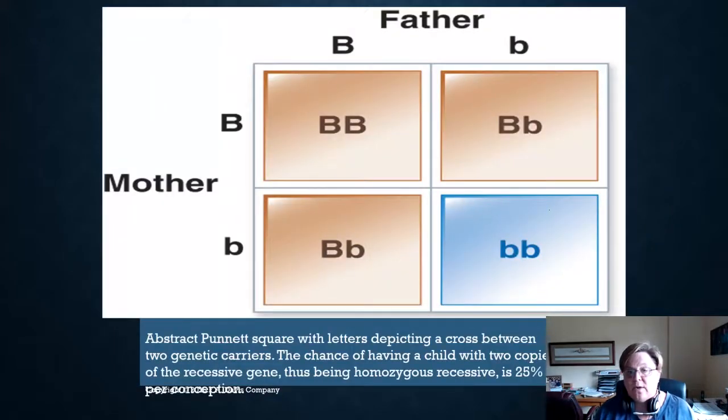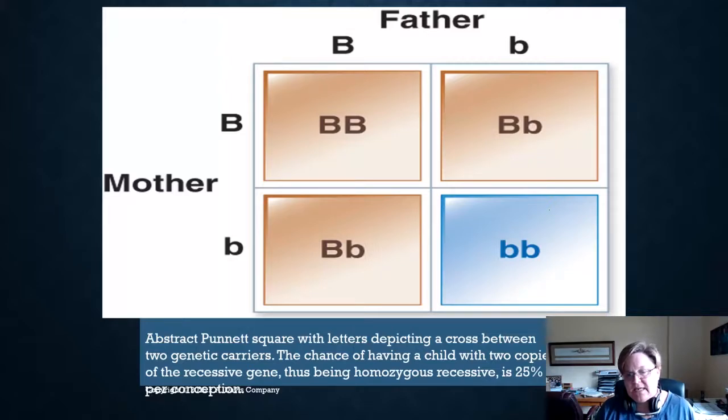The Punnett square is actually this diagram, and it of course was discovered by Dr. Punnett years ago. It's an abstract way to show how two genetic carriers' combinations might impact their children, so it's important to pay attention to how that might happen.